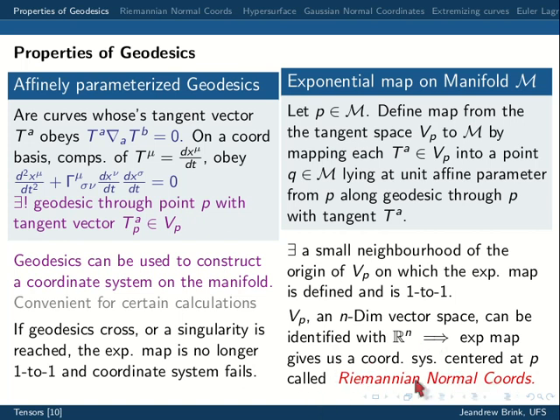And Riemann is the same Riemann that made the curvature tensor. So the reason he constructed these coordinates was he literally wanted the coordinate system in which, at a point, things were as simple as possible.